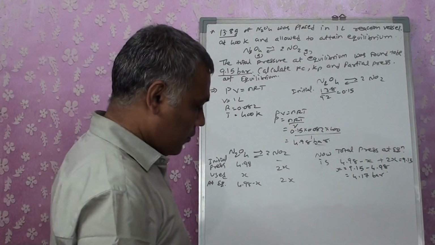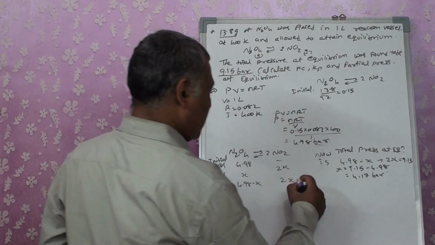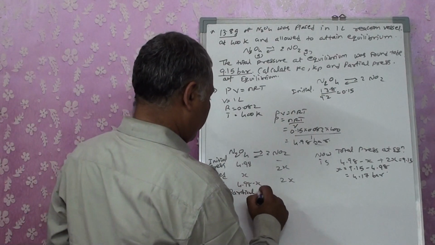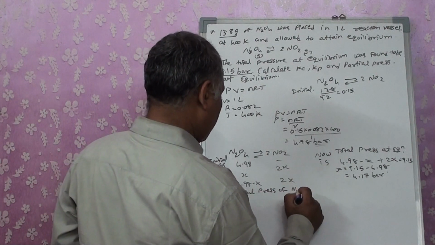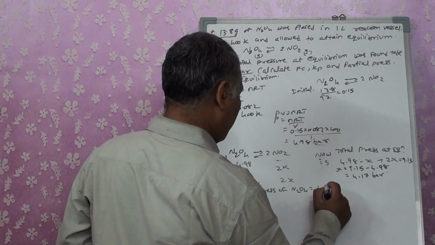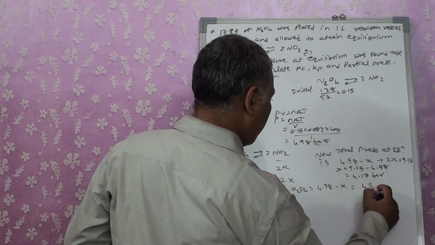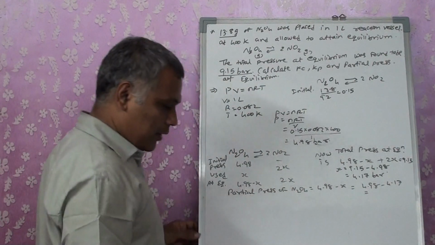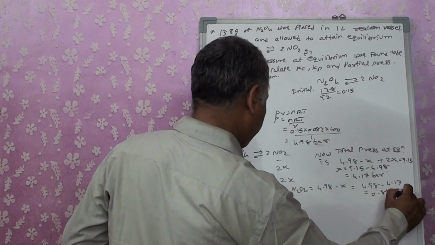Okay. Now, once we get the value of x, we can say that the partial pressure of N2O4 is 4.98 minus x, that is 4.98 minus 4.17, which we get as 0.81 bar.